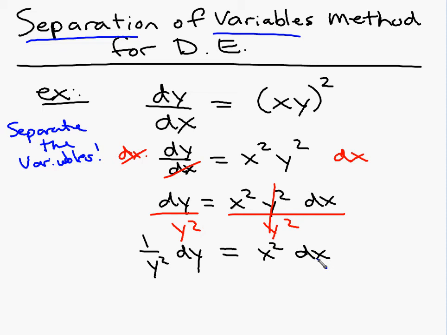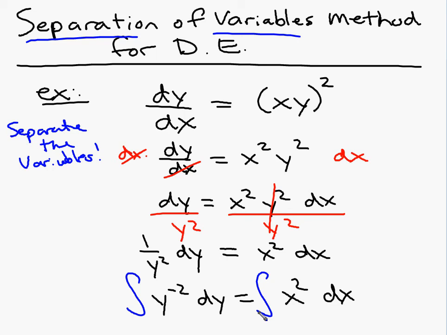So now I just have y to the negative 2 dy equals x squared dx. And let's go ahead and put our integral in. We are now going to integrate both sides. All right. And let me get to a new page here because I'm out of room.